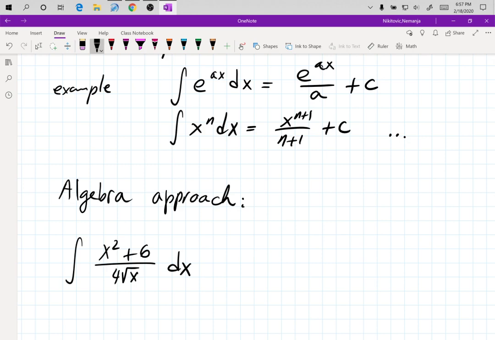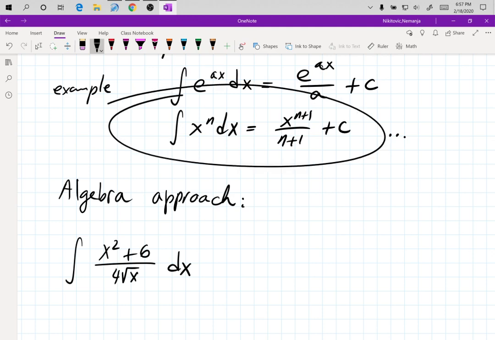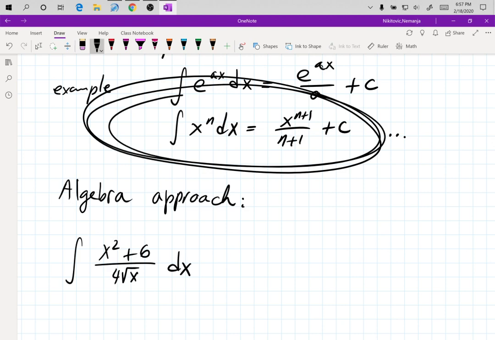Can we use basic algebra before you go nuclear, right, which is u sub? Can we use basic algebra? This is a fraction with addition in the numerator. It can be split in 2 fractions. As soon as you do that, you just have 2 basic integrals to deal with.